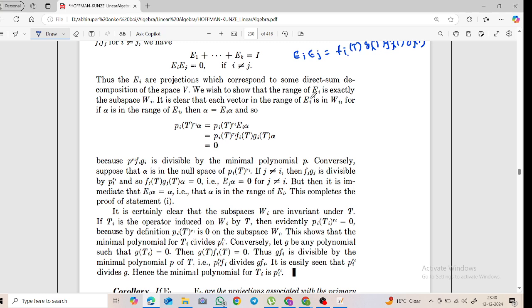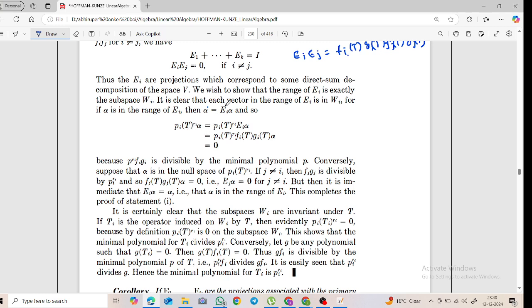We wish to show that the range of Ei is exactly the subspace Wi. It is clear that each vector in the range of Ei is in Wi. True. For if alpha is in the range of Ei, then Ei alpha is alpha.